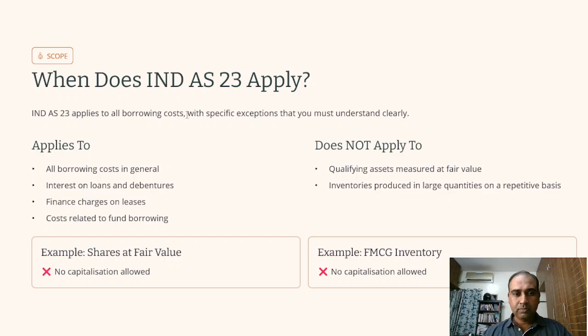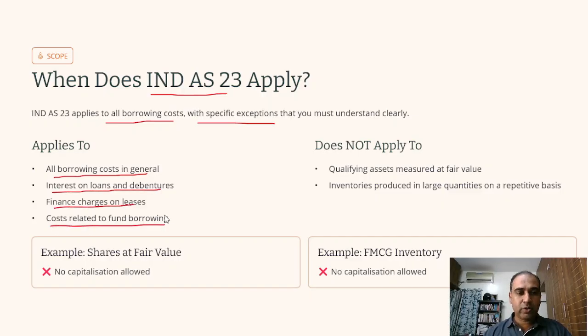Now, when does this standard apply? When does IND AS 23 apply? IND AS 23 applies to all borrowing cost with specific exceptions. It applies to all borrowing cost in general: interest on loans and debentures, finance charges on leases, and costs related to fund borrowing.